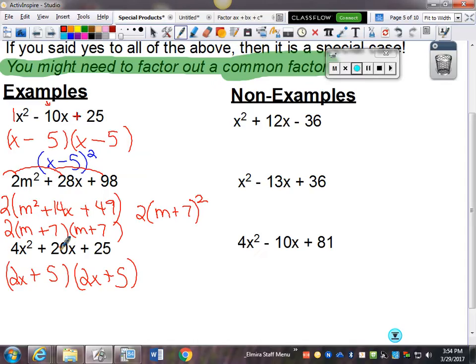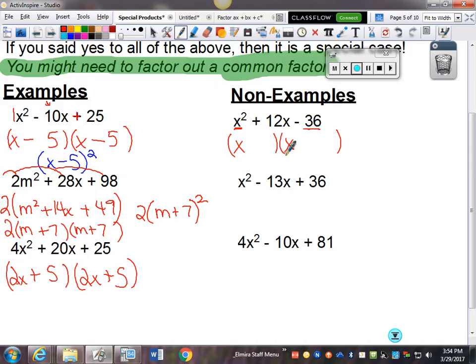Here's some non-examples. This may at first look like it's a special case because I've got a perfect square for my A term and a perfect square for my C term. However, the 36 is being subtracted, so this isn't going to work for special cases. Okay, then I would just try regular factoring.